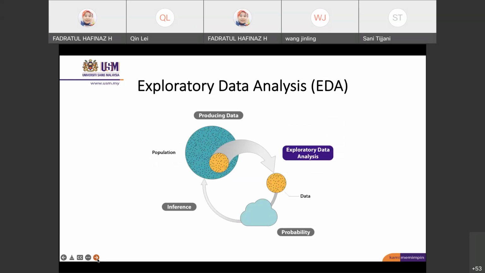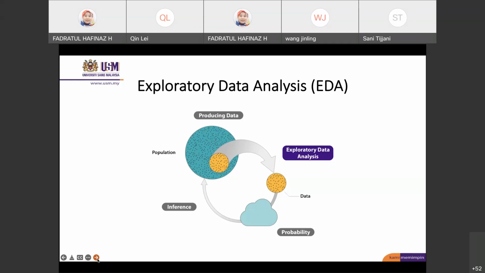Okay. So graphically, we will present the EDA concept in this infographic. Basically, when you have access to the data, you can already start the data exploration. This is the base for creating meaningful summaries of your data, and it's particularly important if you are unfamiliar with the data.